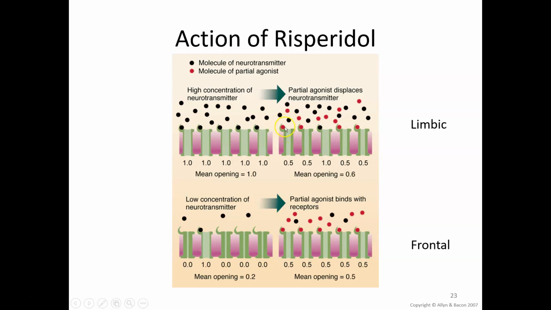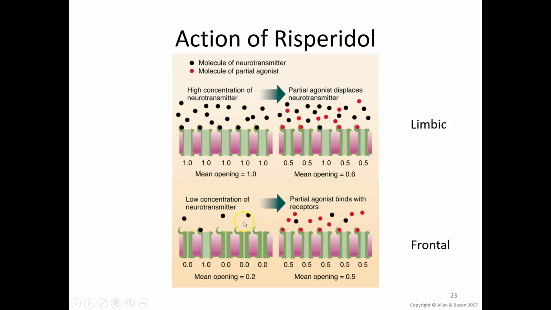And because it's binding to those receptors, that's one less receptor that dopamine can bind to. So here we can see a high amount of binding, but the partial agonist basically prevents the neurotransmitter from binding to these receptors quickly. So it actually lowers the opening of the ion channel and reduces activity by displacing them.